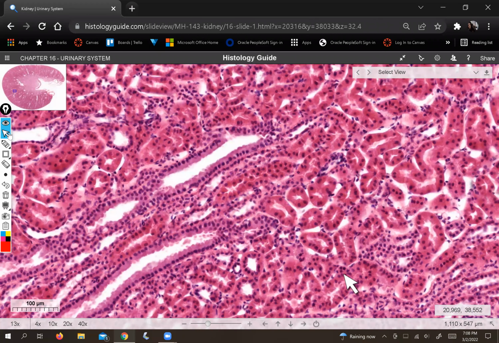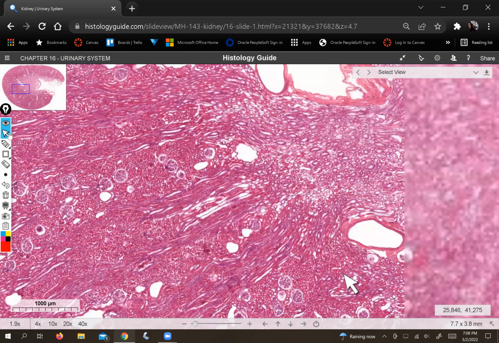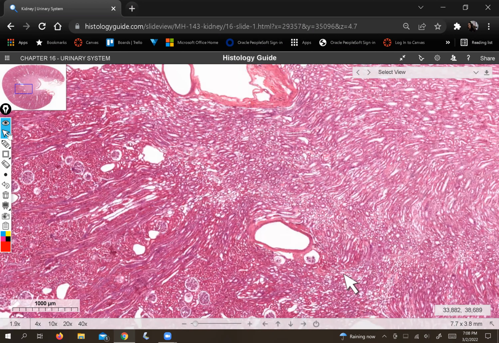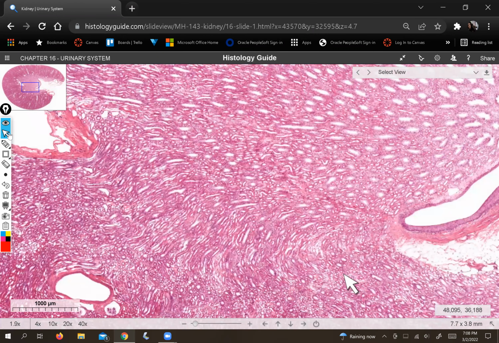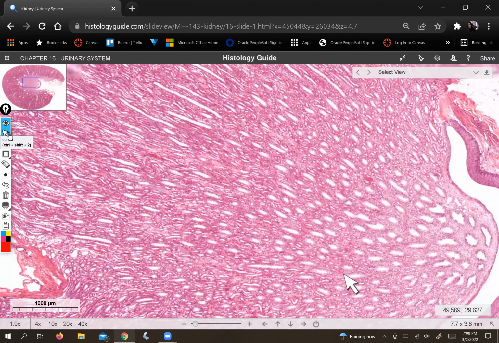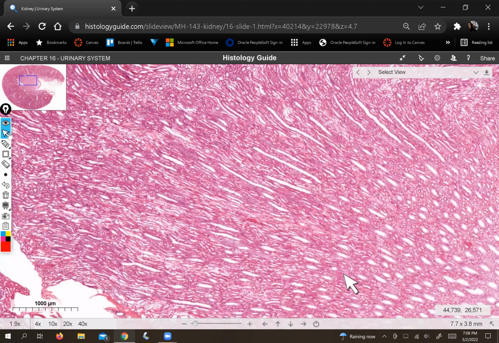So I'm just going to follow this medullary ray down because they all point to the renal medulla. And here we can see medullary rays going down in there. I'm going to pick an area that I like the looks of. I like areas where they're pretty straight like this because it's easier to tell things apart.